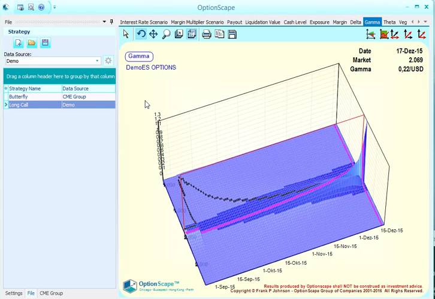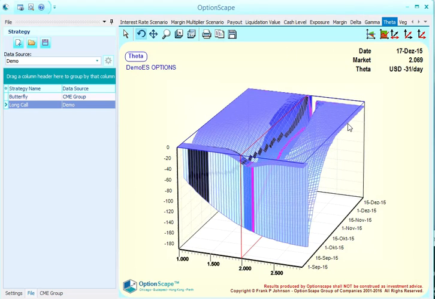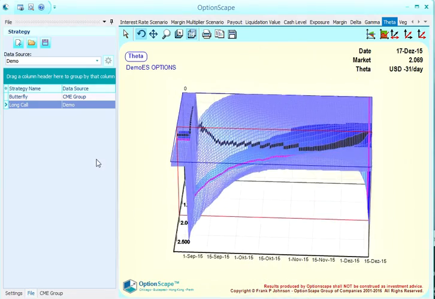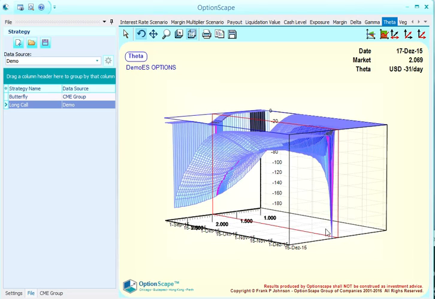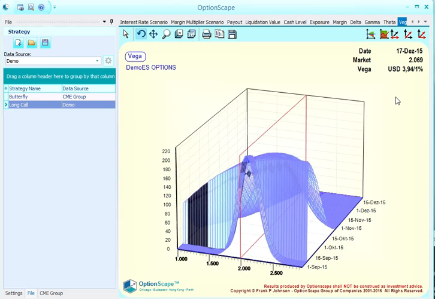So theta looks nearly the same. We go on the opposite side, and we have an explosion in negative theta on the day of expiration in the last week at the money. And Vega is different because Vega has the highest level at the money long time.